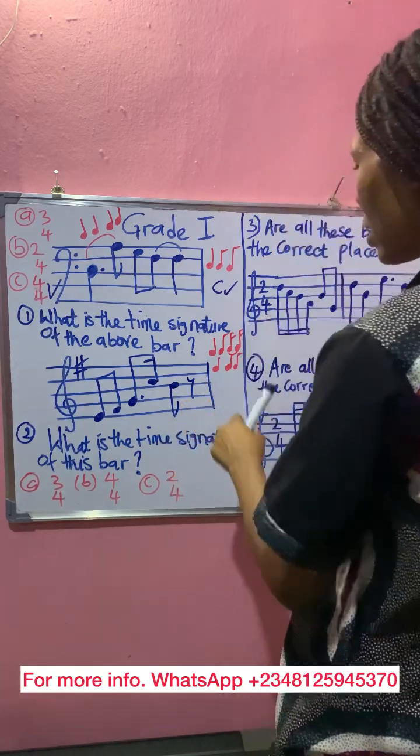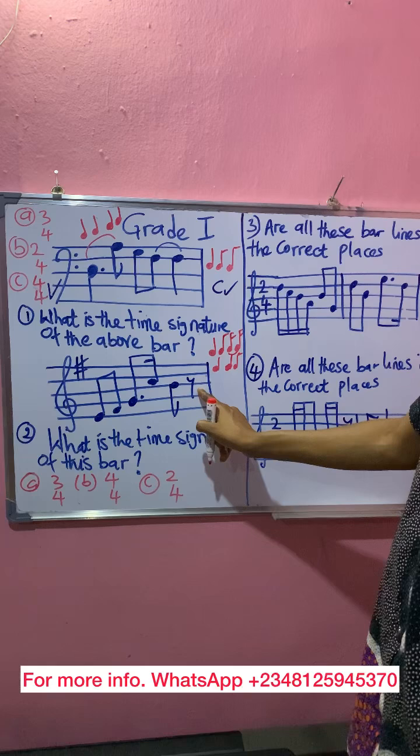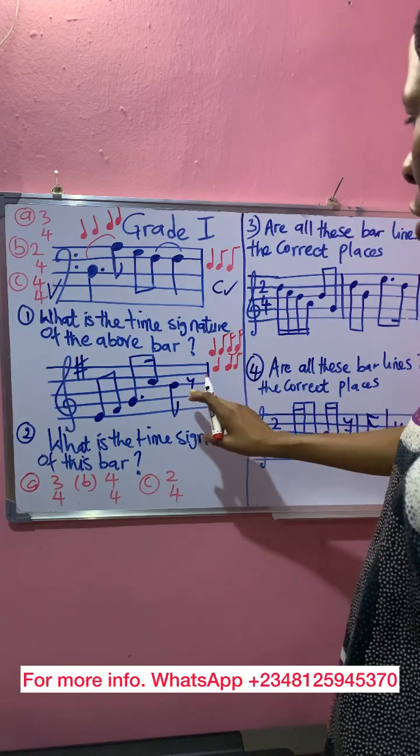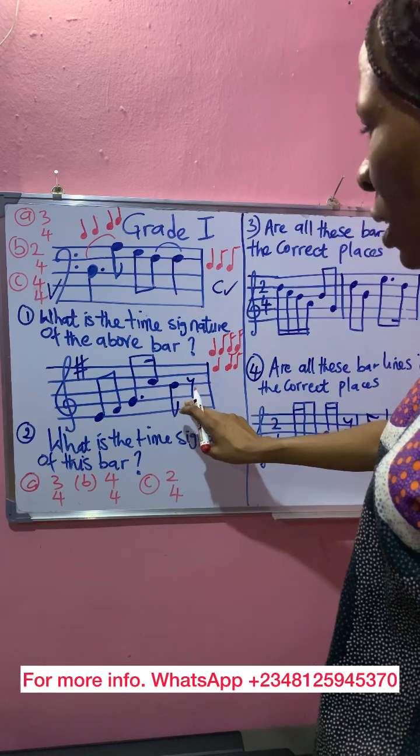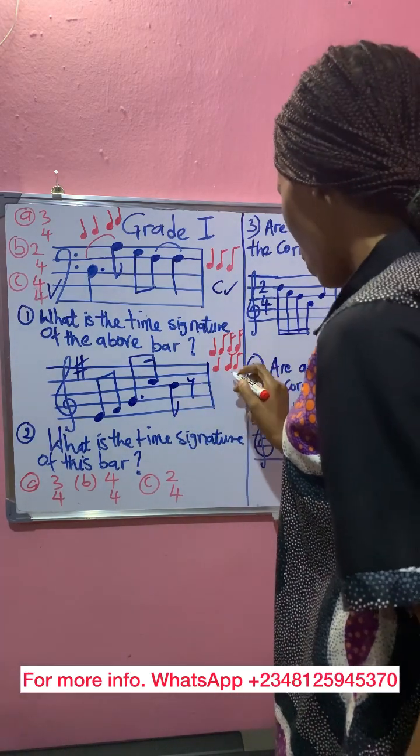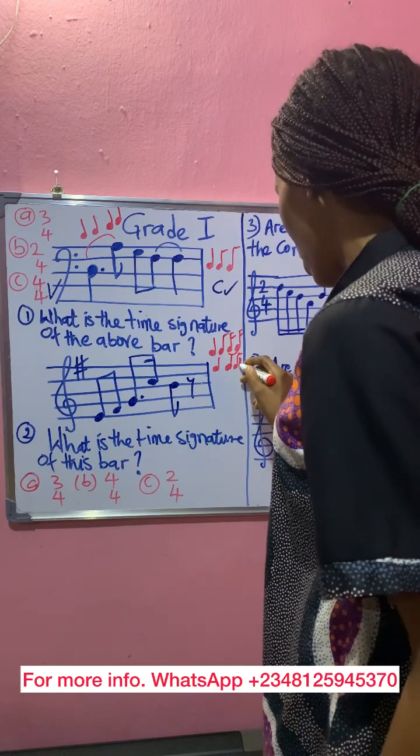So 2 crochets plus a quaver. And what type of rest is this? This is a quaver rest. So this is equivalent to a quaver, where the only difference is that this one is quiet while this one has a sound. So automatically here and here is 1 crochet, because it is a note plus a rest.